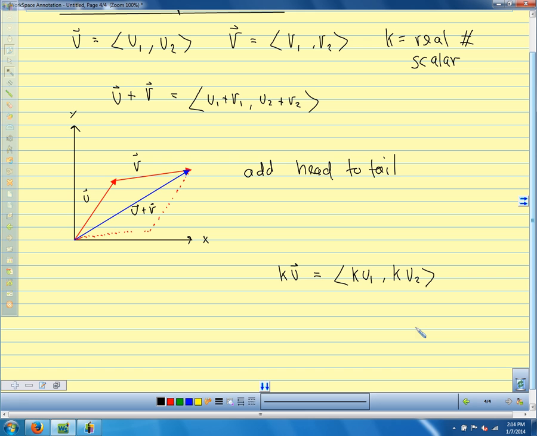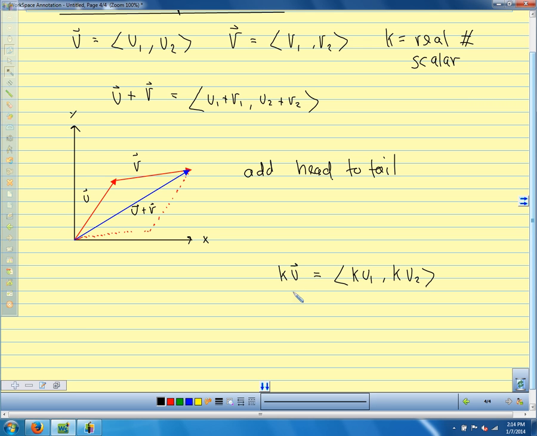Someone said it? Makes it longer. Or if we're multiplying by a fraction, it would make it shorter. So we're just multiplying the length of the vector by the scalar. So if k was 2, and we said 2 times the vector u, we would get a vector twice as long as the original vector. Still in the same direction, just twice as long. So we're making it longer, or making it shorter if k is a fraction.